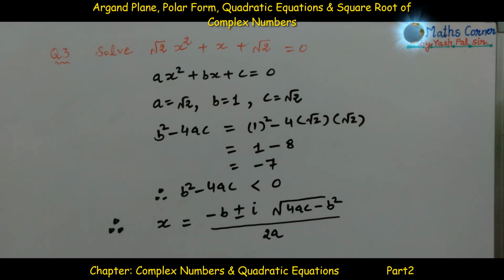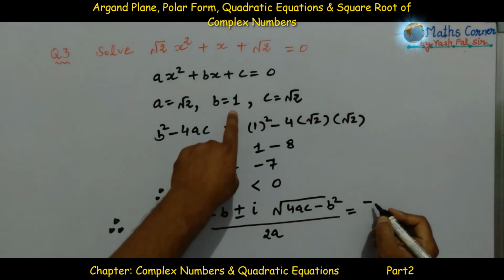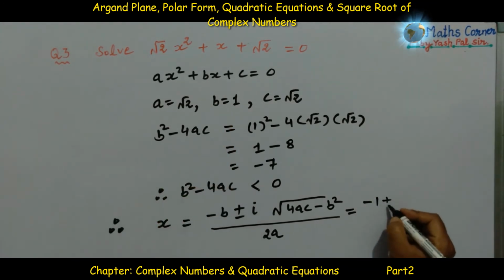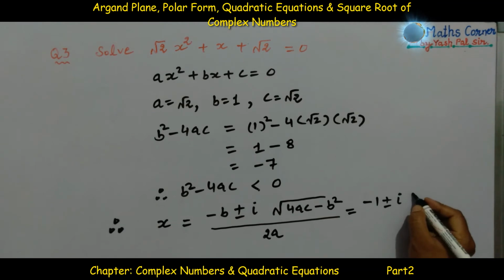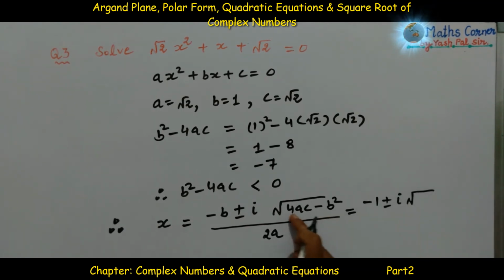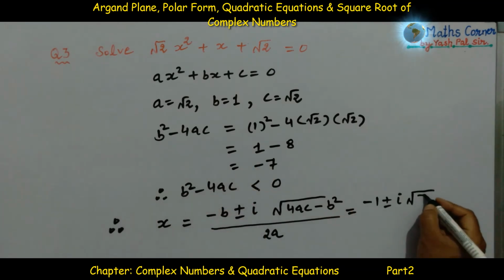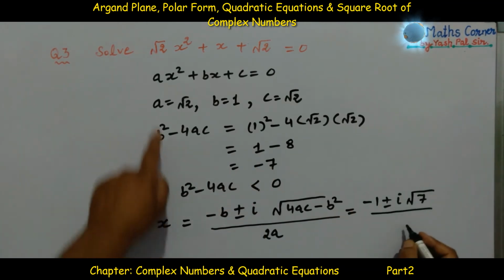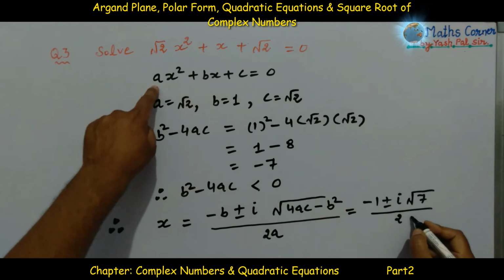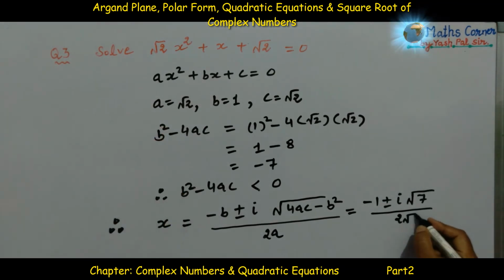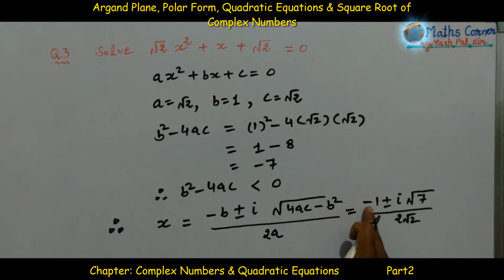This means minus b, and b is 1, plus minus iota into square root of 4ac minus b square, that is 7, divided by 2 into a, and a is square root 2. These are the roots of the quadratic equation. These are complex numbers, roots as complex numbers.